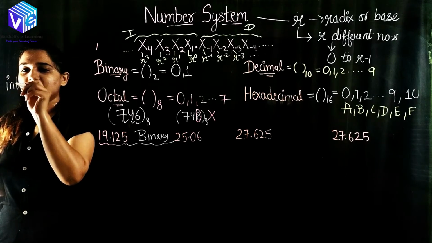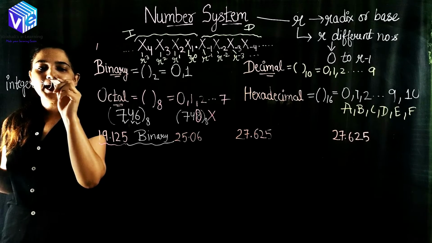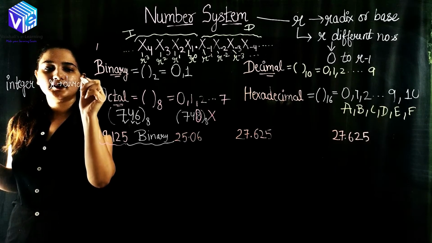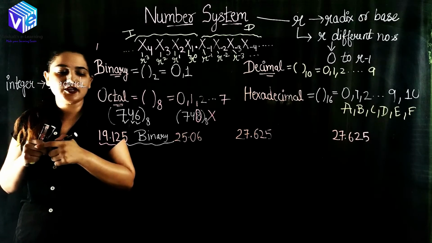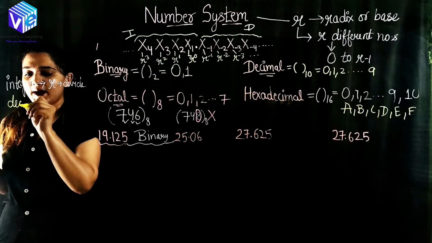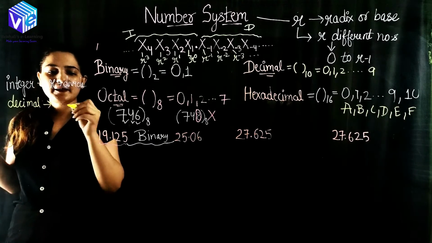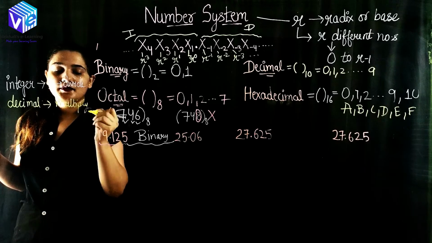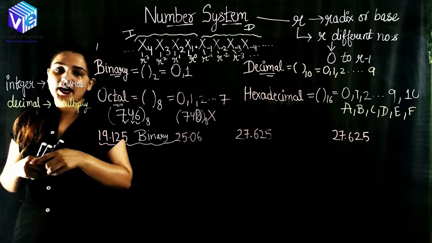If I have the integer part, I divide it by r, and continue until I get a number which is less than r. If I have the decimal part, I multiply it with r, and continue until the integer part of the result is obtained.